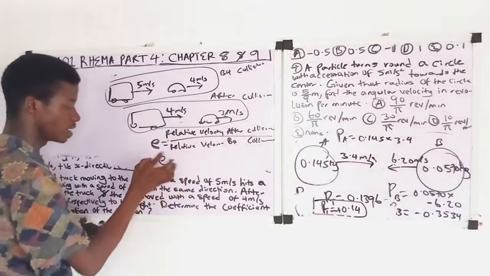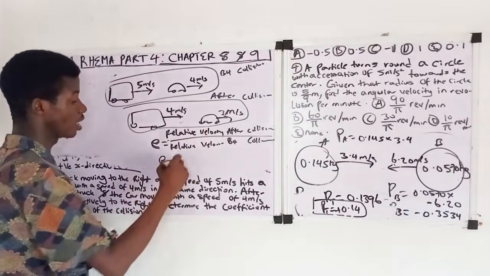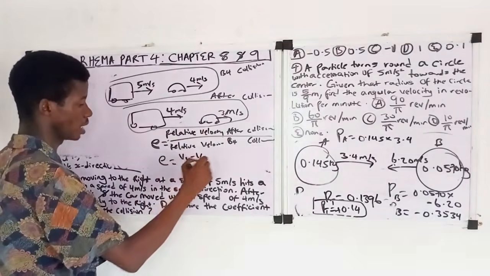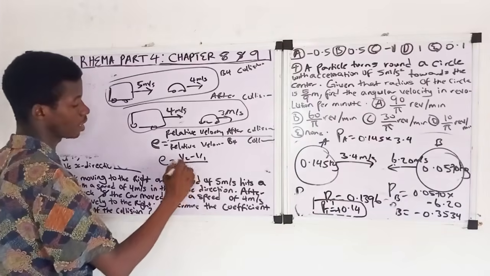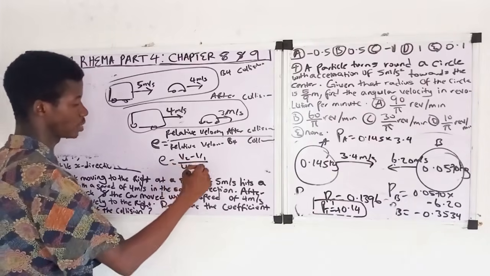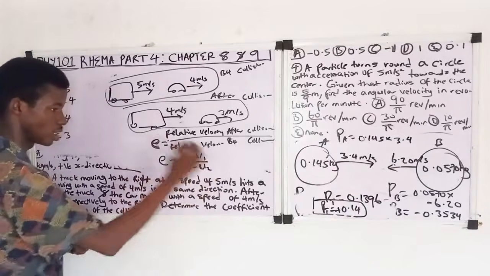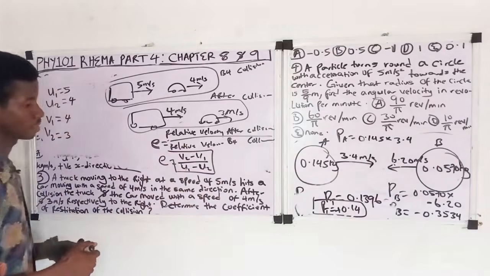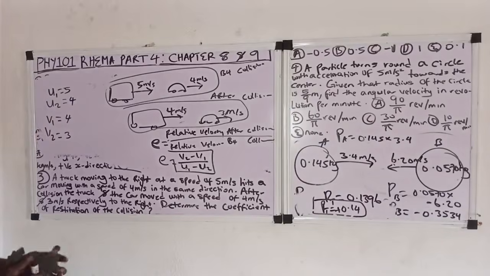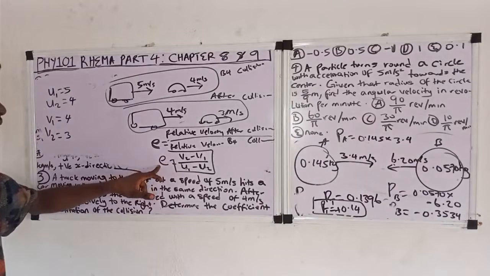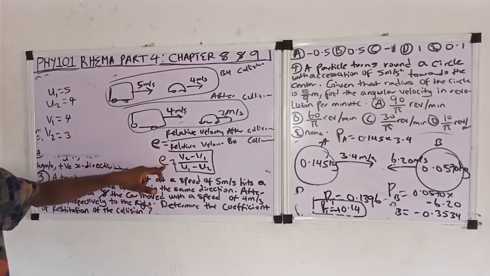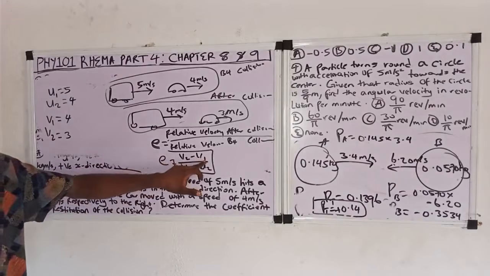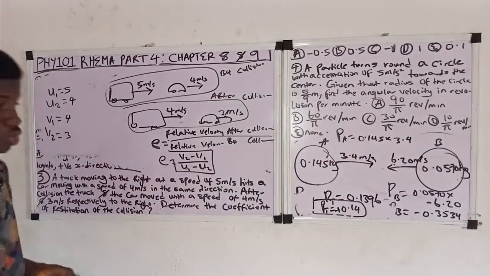The coefficient of restitution is equal to V2 minus V1 divided by U1 minus U2. Please don't mess this up, okay? It's very, very important.